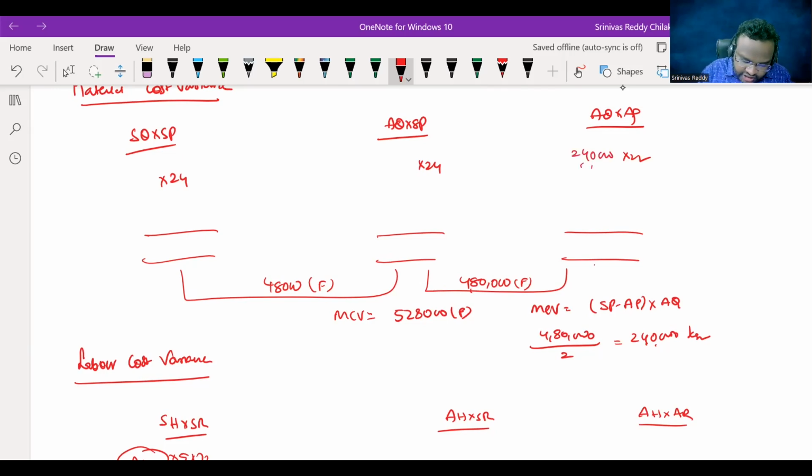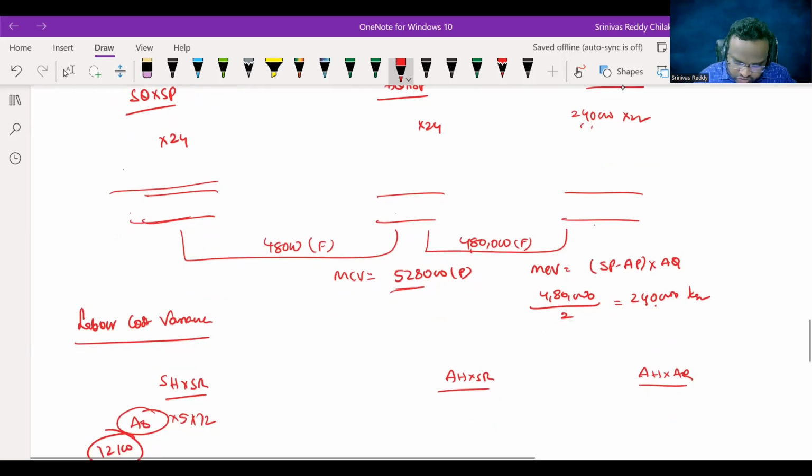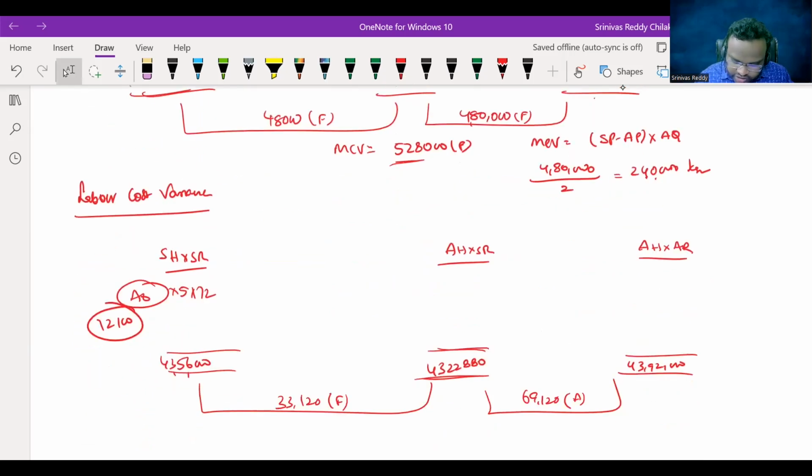So 52,80,000 minus the favorable cost variance 5,28,000, so you'll get plus 5,28,000, divided by 24. You can work out by using standard quantity for actual output also, but we can work out based on labor cost variance.